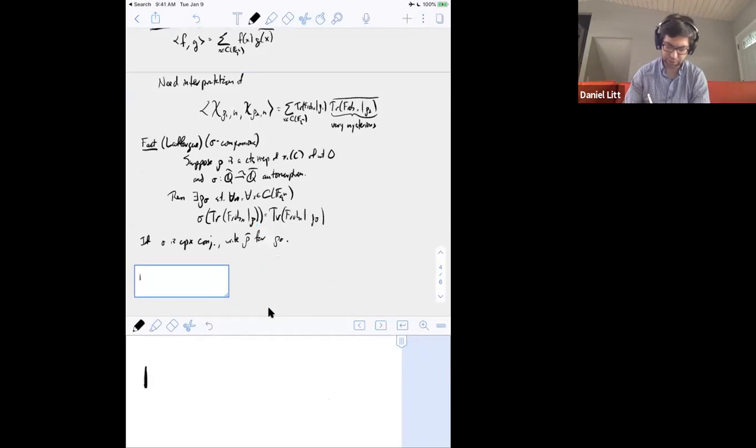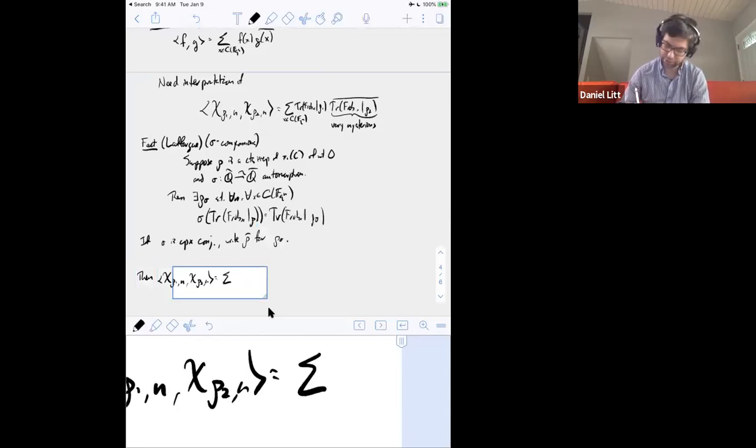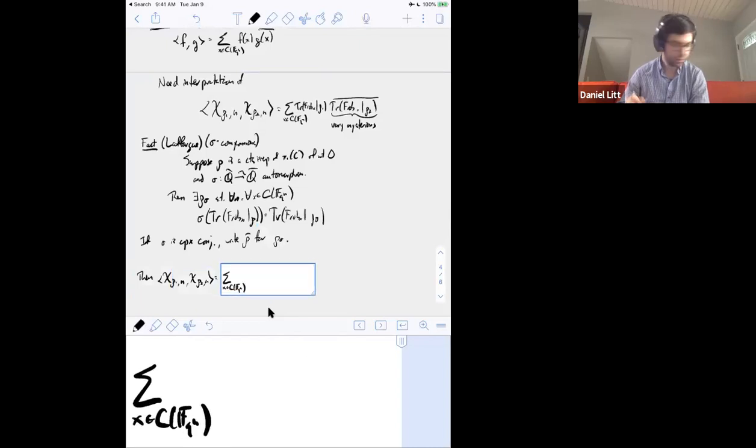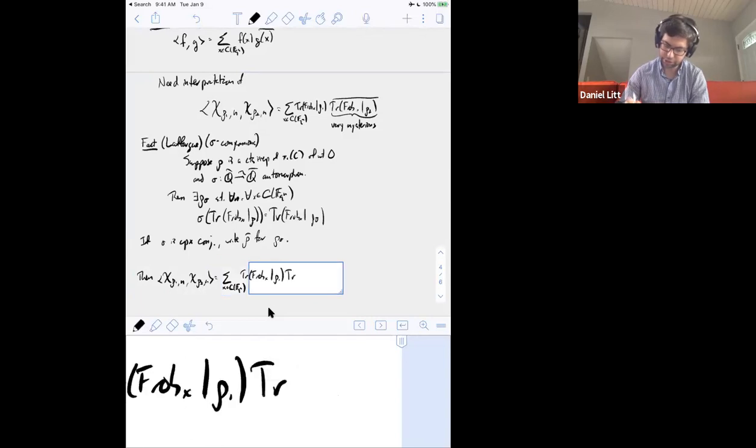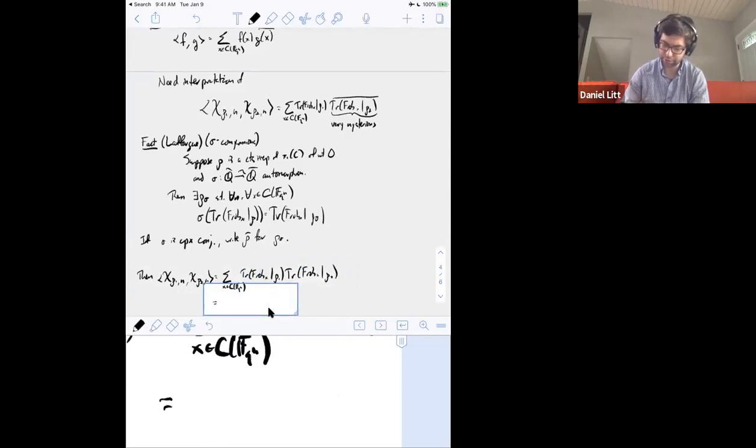The thing we're trying to understand, chi rho 1n inner producted with chi rho 2n, is by definition the sum over the F_q^n points x of the trace of Frobenius on rho 1 times the complex conjugate of the trace of Frobenius on rho 2.